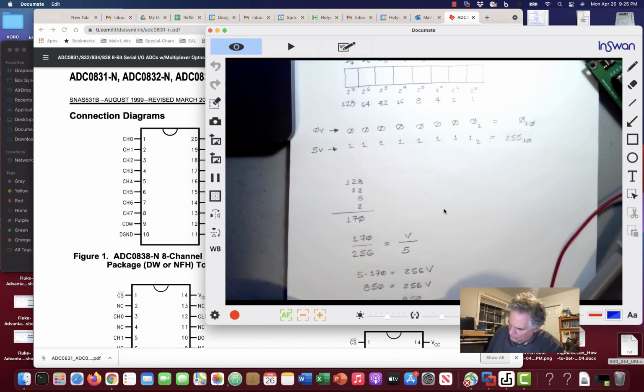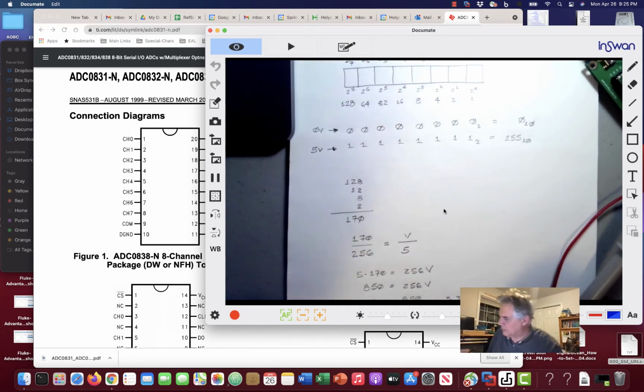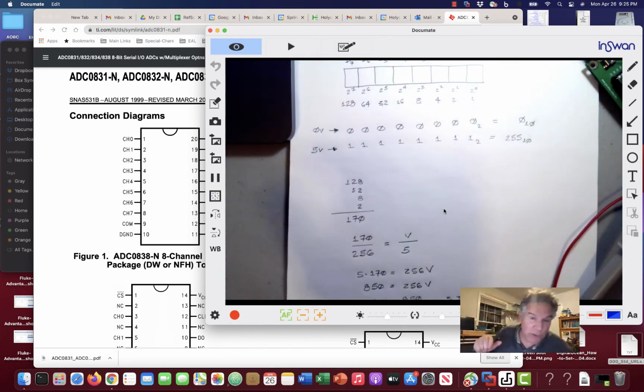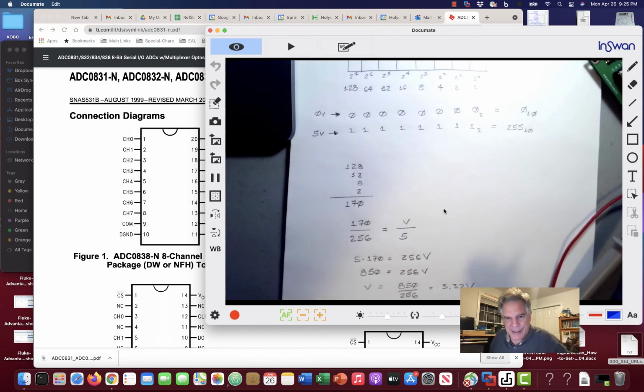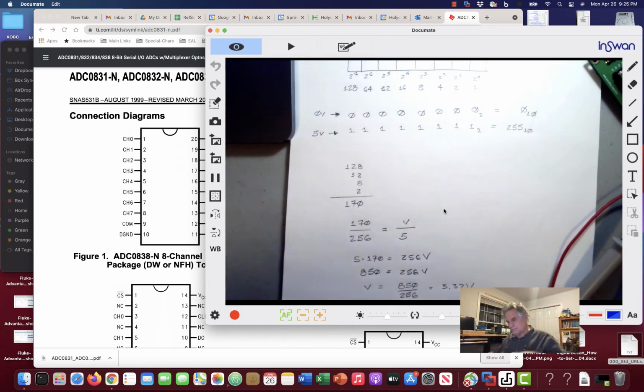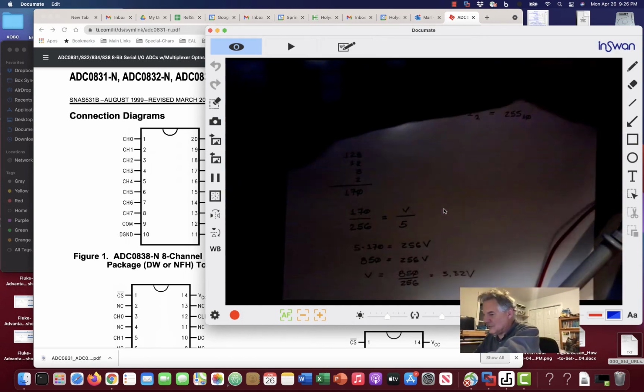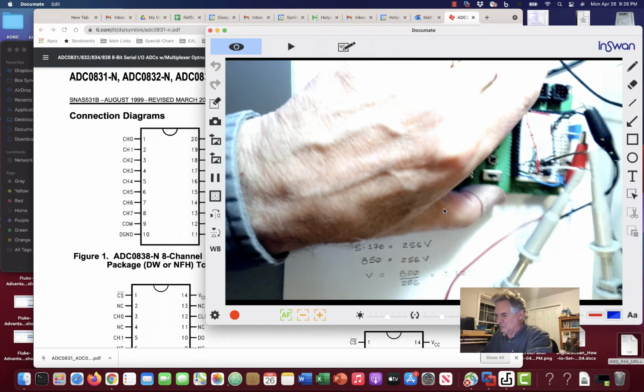So that's equal to 3.32 volts, and we were reading like 3.30 or 3.29. So, hey, not too shabby, eh? All right. So that's basically what we do with this thing.